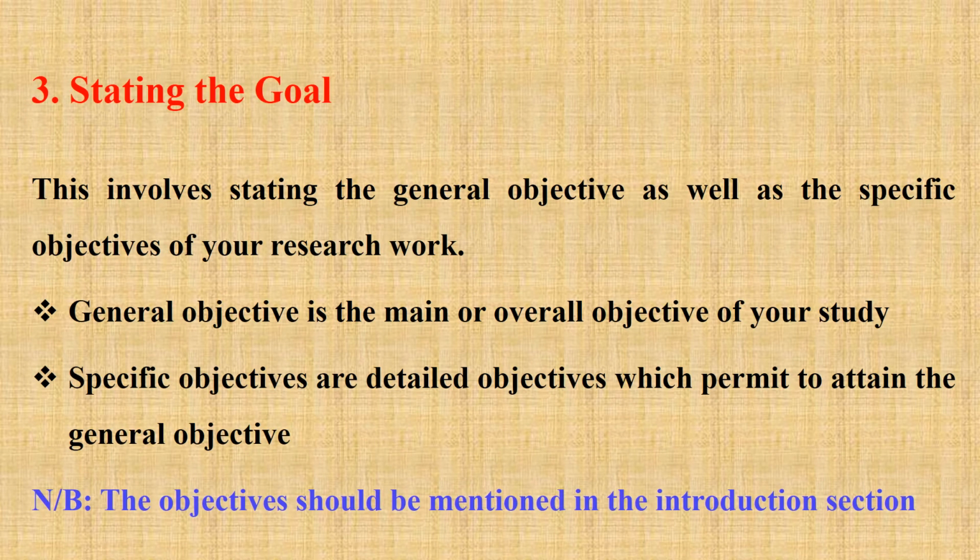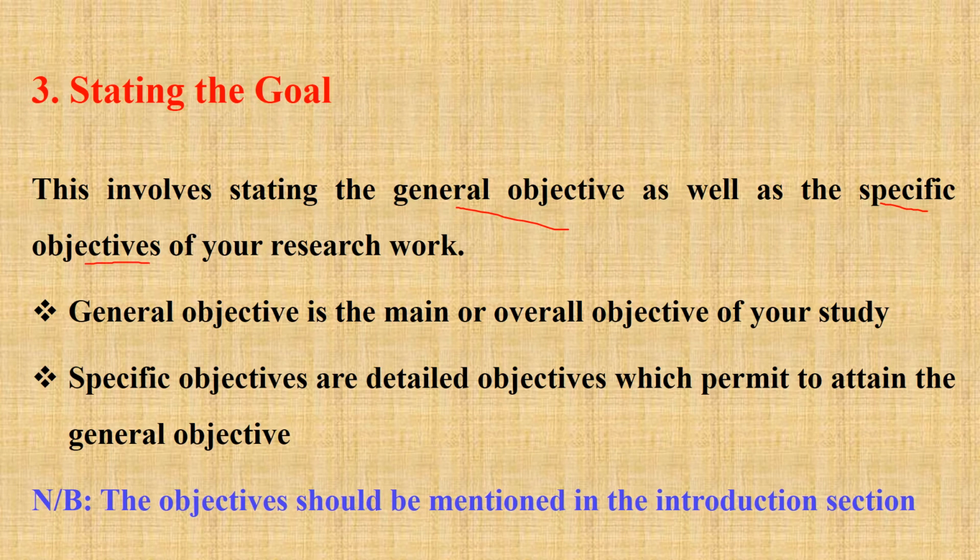Now, after doing your literature review, you have to state your objective or state your goals. And here we have two types of objectives. We have the general objective and we have the specific objectives.